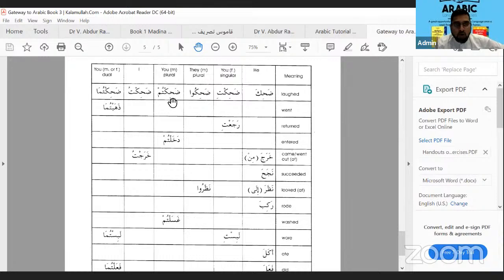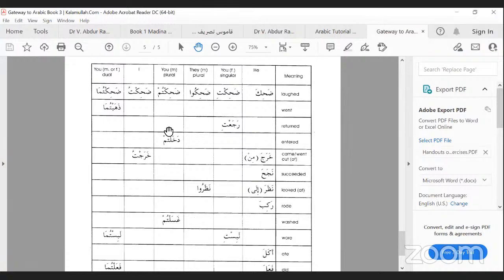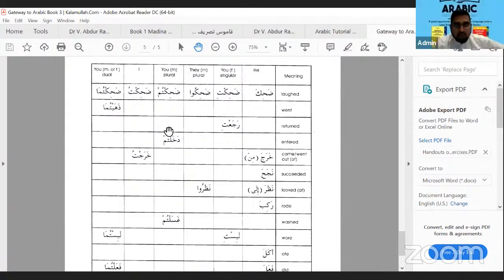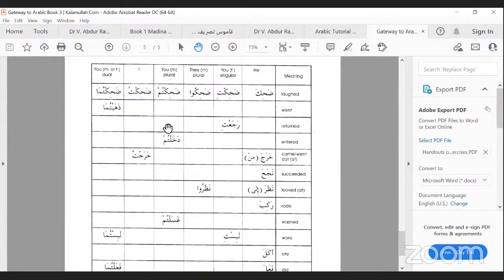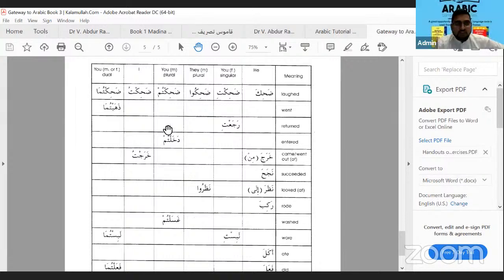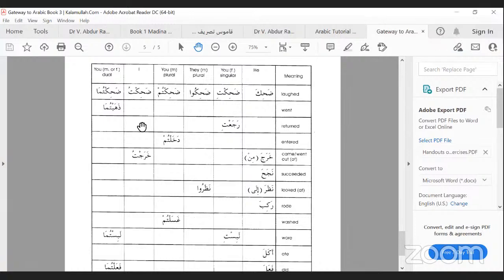Next one. Dhahika became dhahiktum. You all boys laughed. So raja'a will become رجعتم. Raja'tum. What does raja'tum mean? You all returned. Good. Dhahika became dhahiktu, means I laughed. So if I want to say I returned, it will become أنا رجعت.